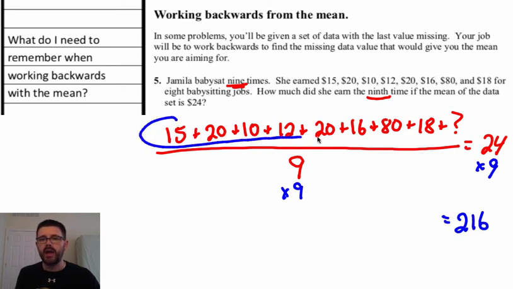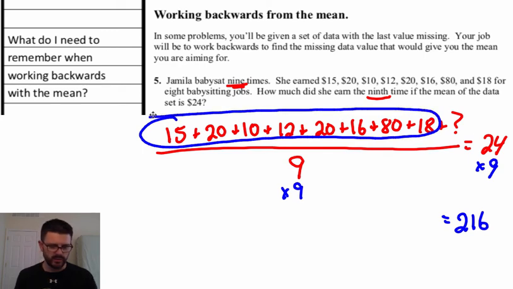If I were to add up all the pieces I do know, so add up the ones you know, 15 plus 20 plus 10 plus 12 plus 20 plus 16 plus 80 plus 18, that gives me 191 plus my unknown number.